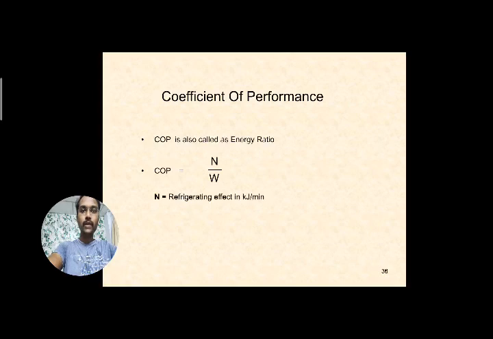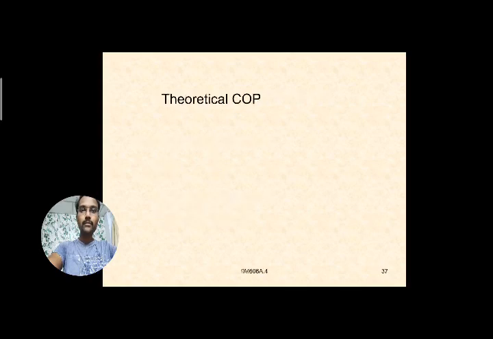It can be given in units of kilojoules per minute, and W is the work supplied to the refrigerating machine in kilojoules per minute. So here there is different terminology in terms of COP: theoretical COP, actual COP, and relative COP. First we will see the theoretical COP.